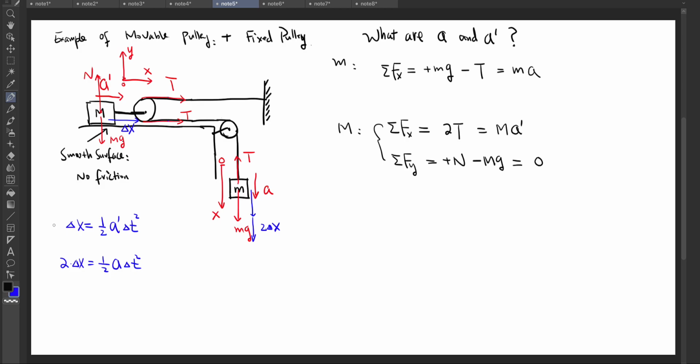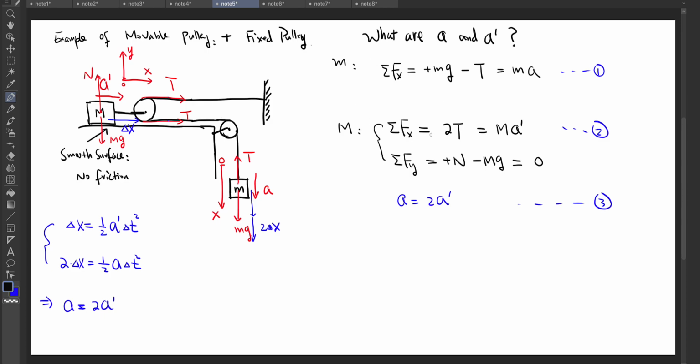That's why from here we should say a is twice a prime. So that's the relation I want to use together with equation 1 and equation 2. We can neglect this one because it doesn't help the calculation of a or a prime. But we do need a equals 2 a prime. That's our third equation.